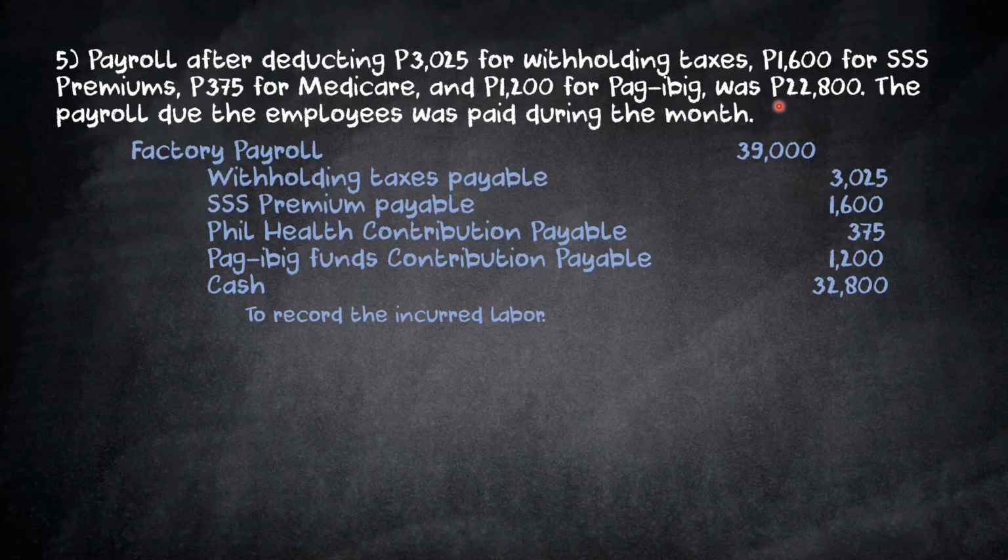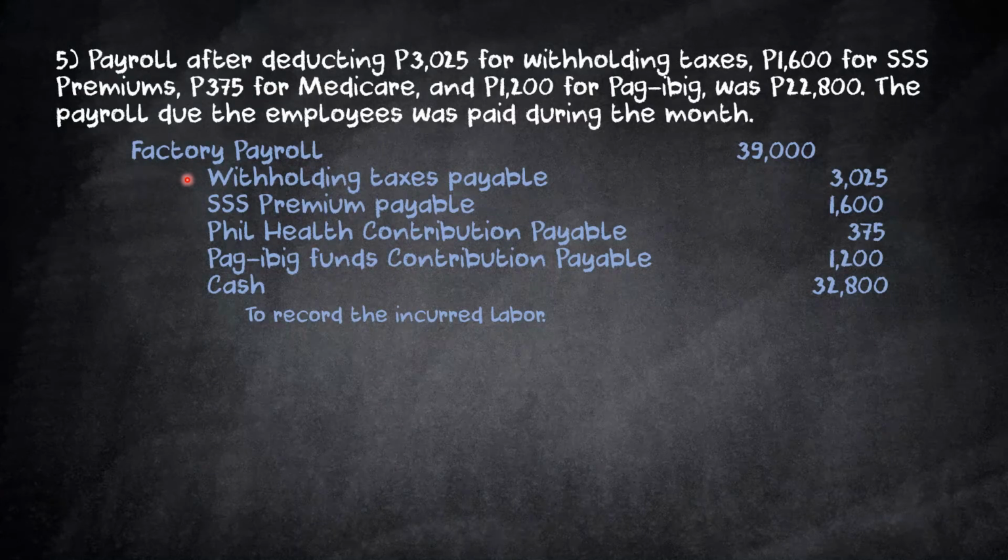Ayan. Makikita natin na hindi nga 22,800 ang charge kay factory payroll. Instead, it was 39,000. Paano natin maa-attain ang 39,000? Add lang natin lahat ng amounts dito in order to get 39,000. And of course, i-credit natin lahat ng payables na binanggit, which is the withholding taxes payable, SSS premium payable, PhilHealth contribution payable, or yung Medicare, Pag-ibig funds contribution payable, and of course, the cash.